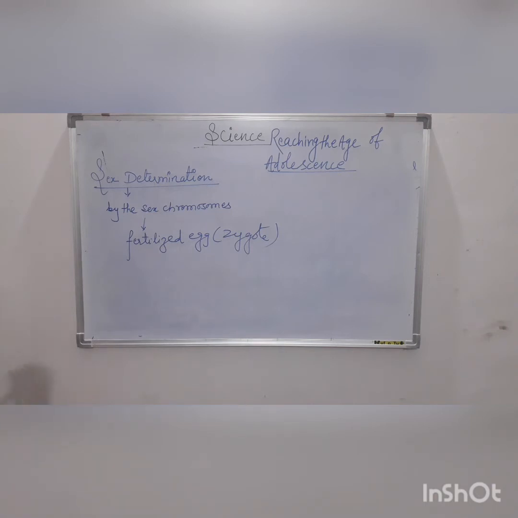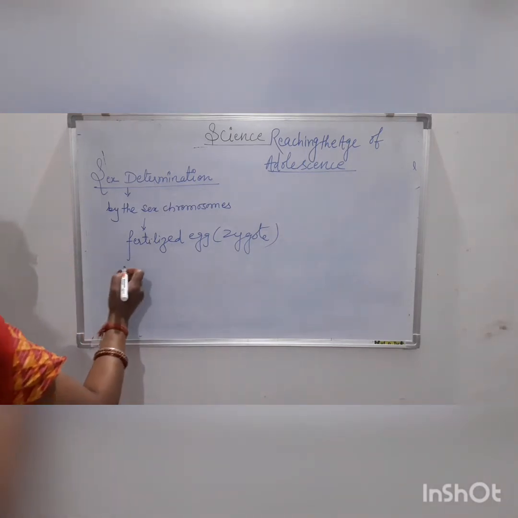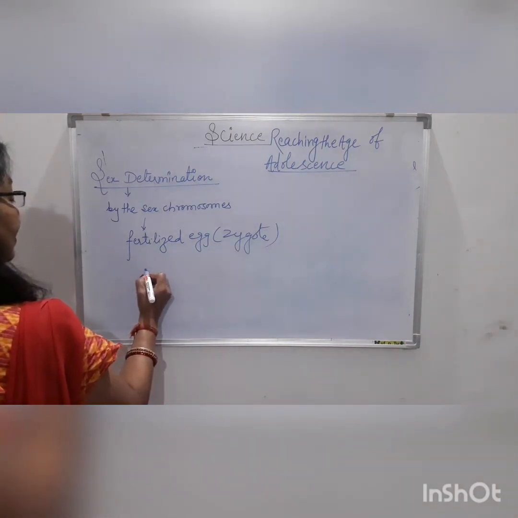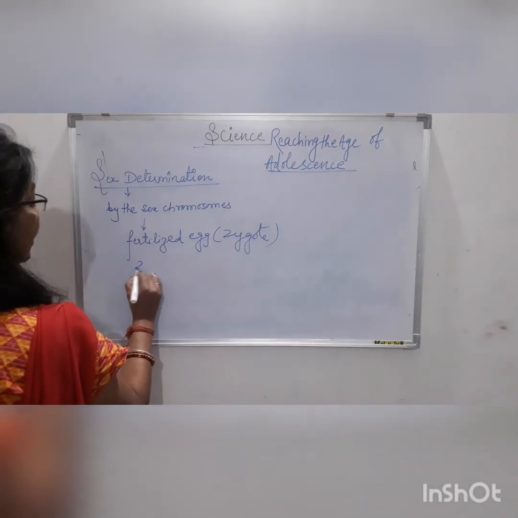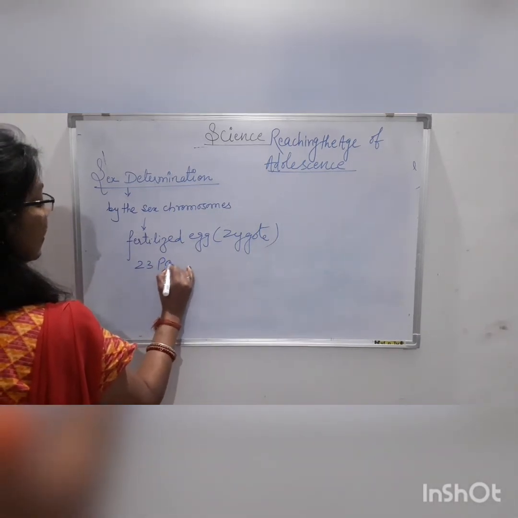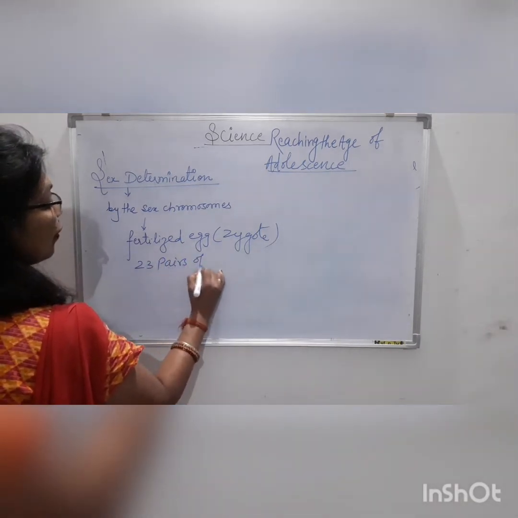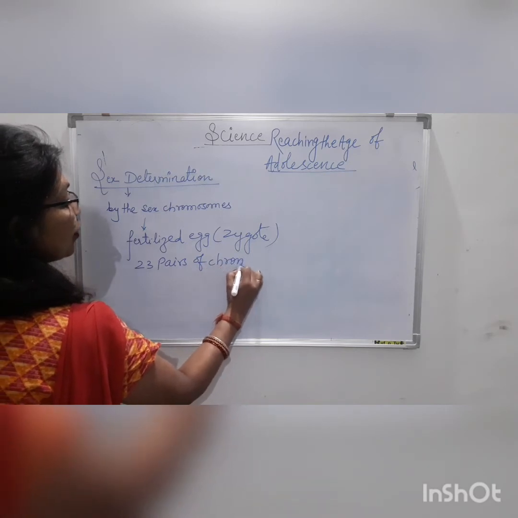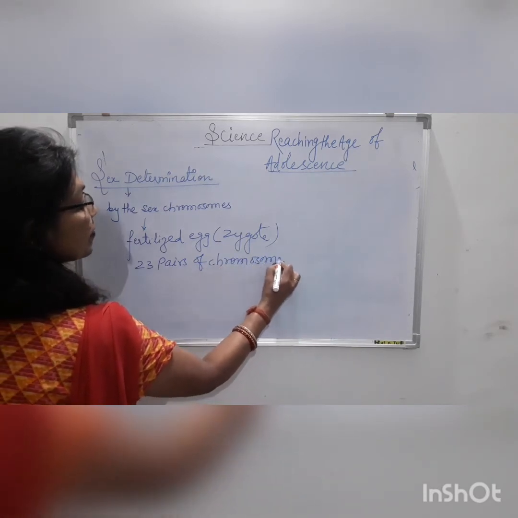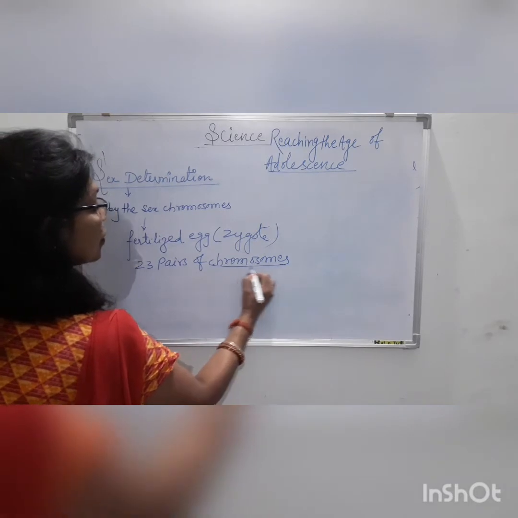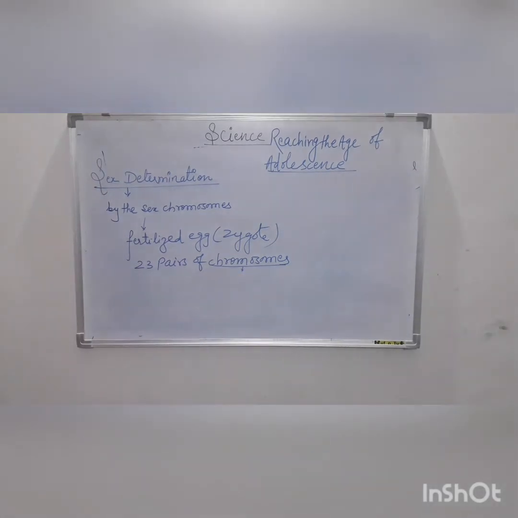But before that, children, I would like to tell you that in human beings, there are 23 pairs of what? Chromosomes. What are chromosomes? Chromosomes are thread-like structures present in the nucleoplasm of the nucleus, children.